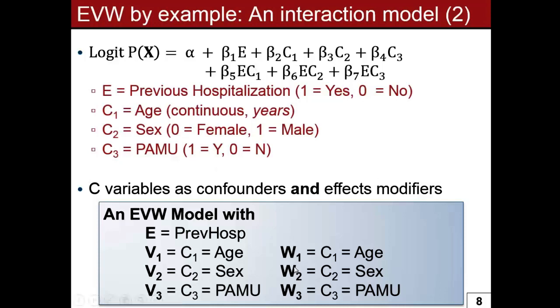And so here we have the same 3 variables, C1, C2, C3, but they appear twice, once as confounding control and once as effect modifiers. And we're going to give them 2 different letters. The reason we're giving them 2 different letters, instead of just calling them all the same thing, is because in our evaluation of the model, in our model selection strategy, when we're figuring out what to do with the model, is this the right model?